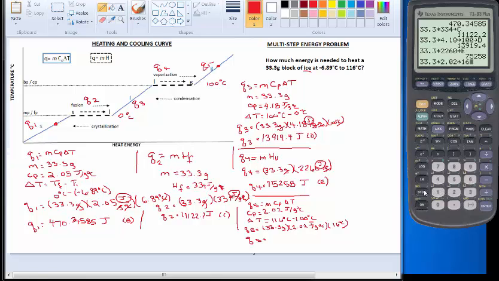Since we're going to need this number again, I'm going to store this number as the letter F. And this number is 1076.256. Gram cancels out with gram, degrees Celsius cancels out with degrees Celsius, to leave us with the unit of joule.